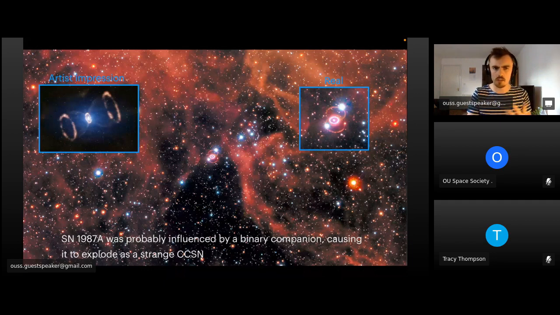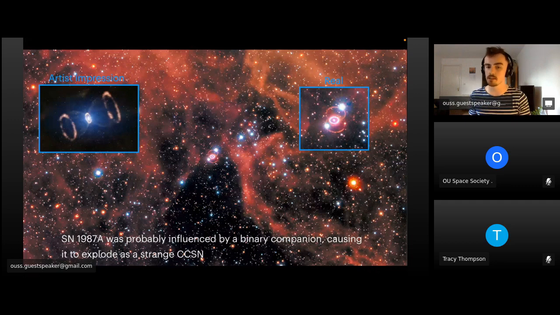So rather than our, let's call it a trivial example of a star exploding, which is you have a circular star and it explodes, and you have a spherical distribution of stuff, of ejecta, of material, we get this weird, what's called an hourglass shape, where you have these 3 rings, and this whole shape in general is very strange, and you can't explain this for a single star evolving on its own.